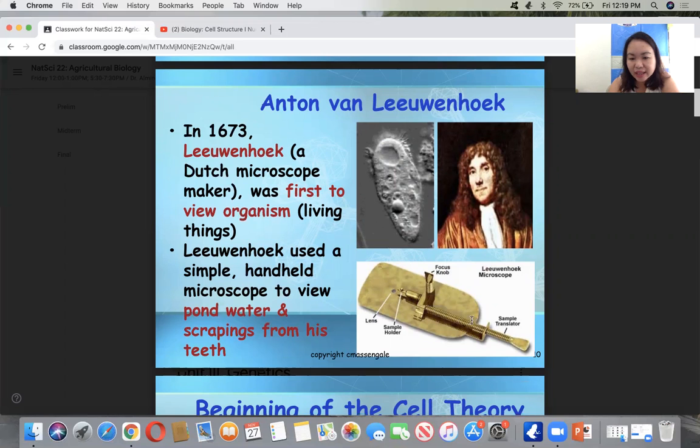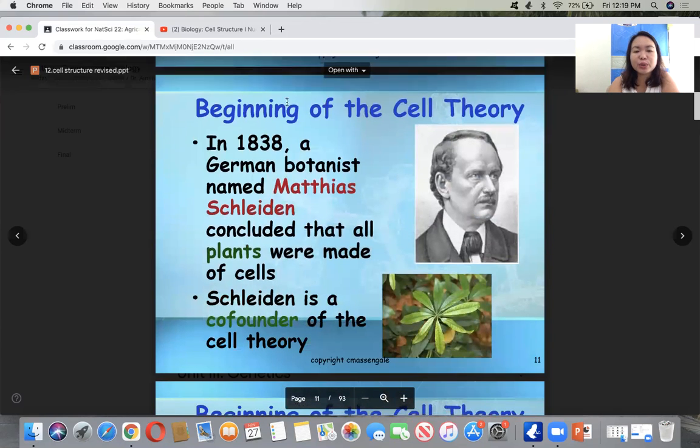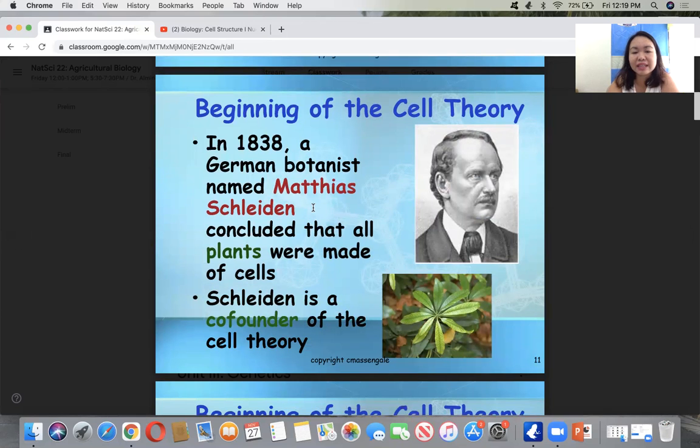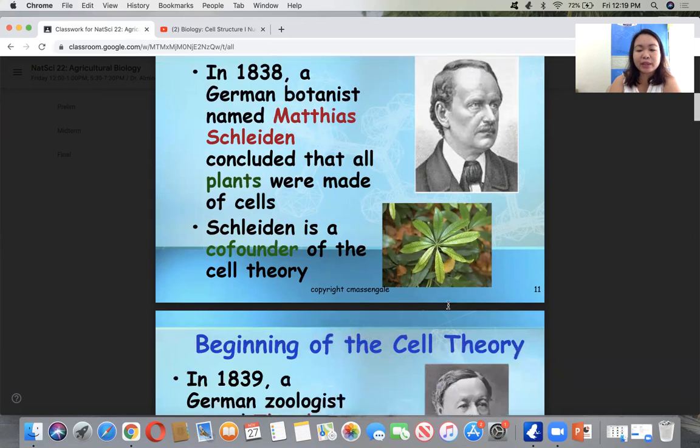This is the kind of microscope Leeuwenhoek used. It's really very simple, and this is what he saw. The beginning of the cell theory was in 1838 by a German botanist named Matthias Schleiden. He concluded that plants were made of cells, and Schleiden is a co-founder of the cell theory.